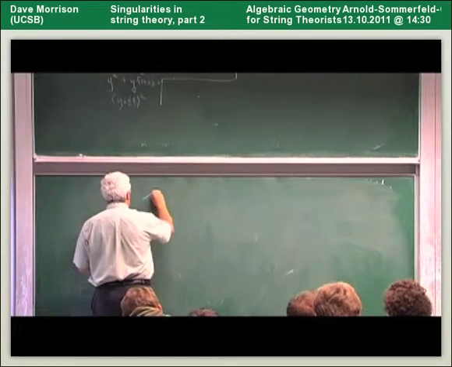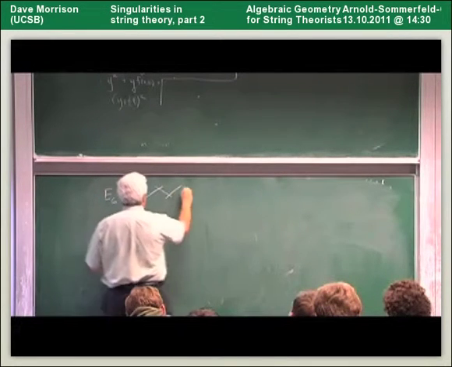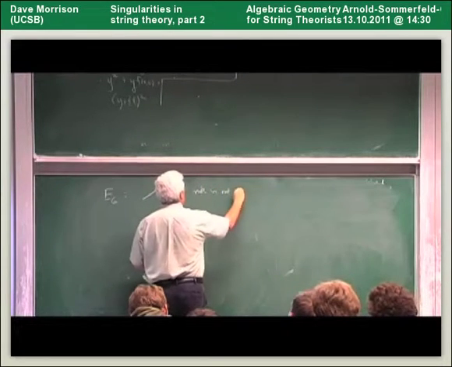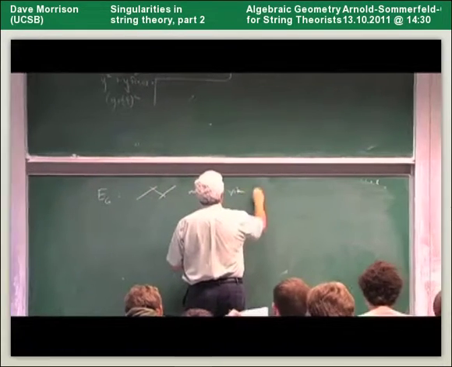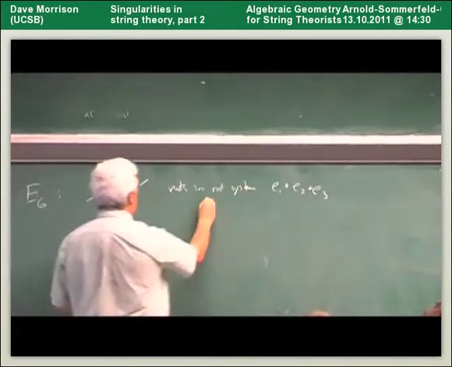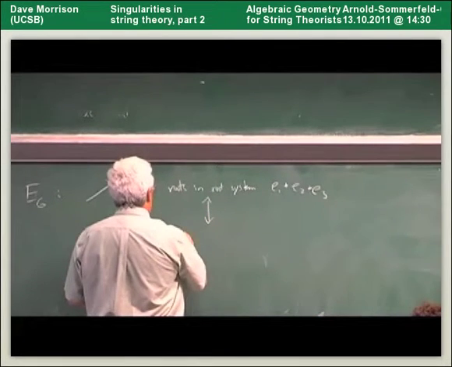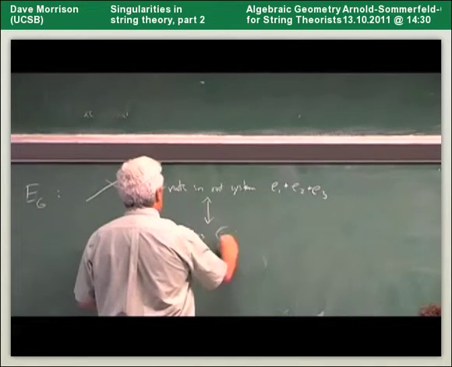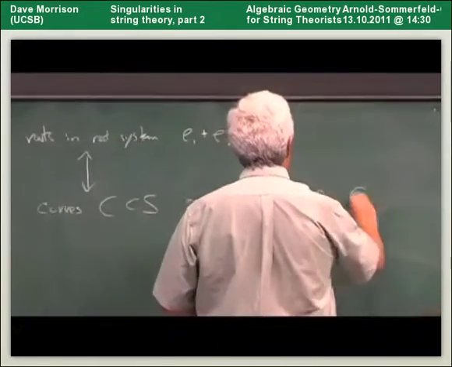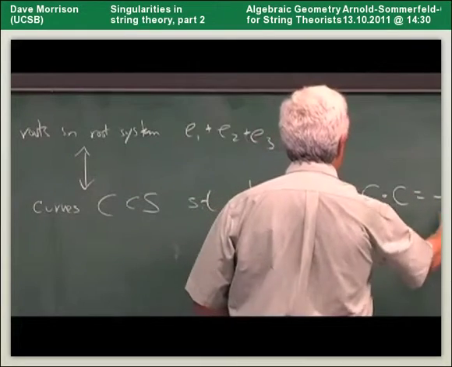Each of the roots in the root system, such as E1 plus E2 plus E3, irreducible or not, whether it's one of the basis ones or not, correspond to curves C on S with the property that the canonical divisor of S dot C equals 0 and the self-intersection of C is minus 2.